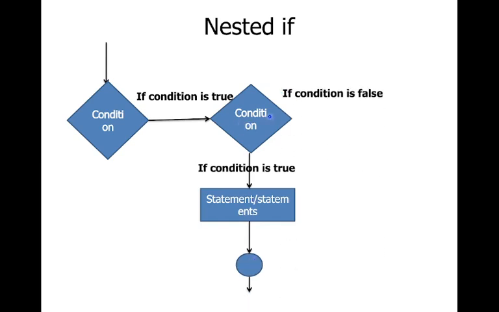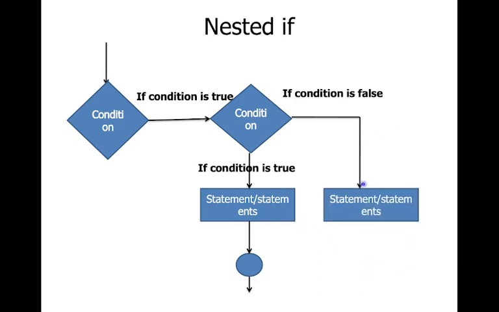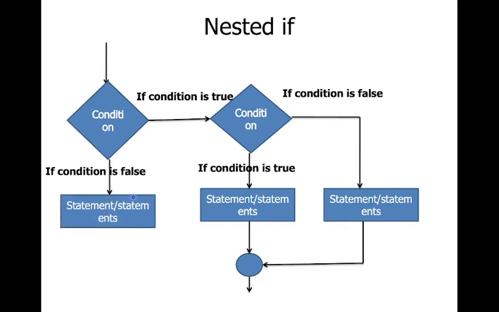And if the condition is false, in this case, we can execute another else if statement. If you want, you can include another else if statement, or you can execute some statements and return to the program. And if the first if condition is false, we can execute a statement, or you can include an else if statement also.